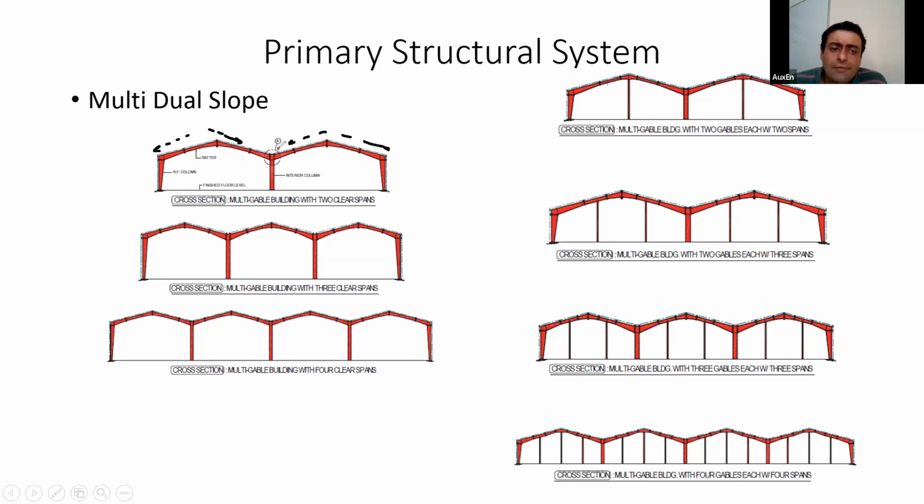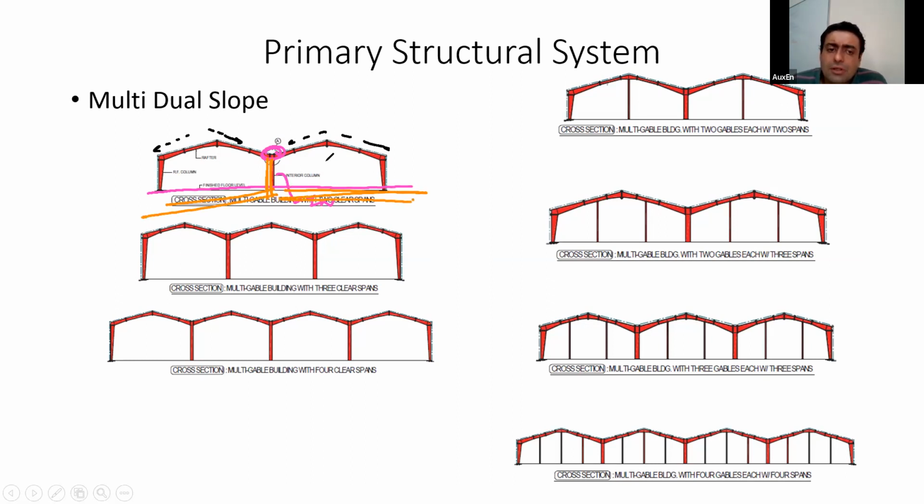Now over here, this portion, I will have water drainage issues. Now remember, this is the internal portion of my building this time. My building width is this much. Now this becomes my internal portion. So in these multi-dual slope arrangements, I will have to provide some downtake pipes inside my building. Then I will have to create a drainage system.